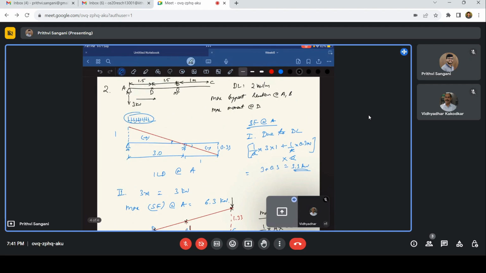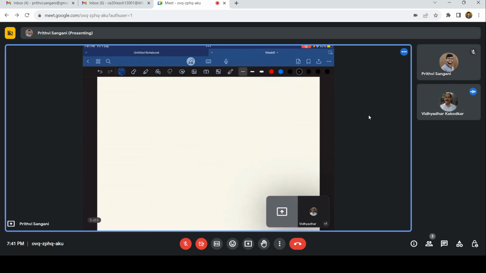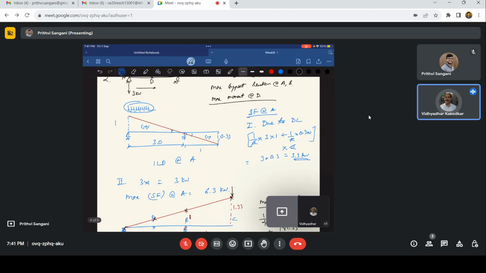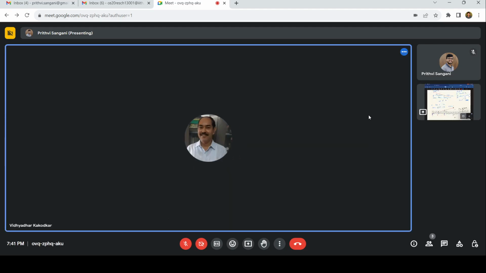So what is my other question? My other question is, what is the maximum moment at D? For this, we'll go by the principle which we have just discussed, and also re-verify whether it's correct or not. Here for the A, the other part should be minus due to dead load.